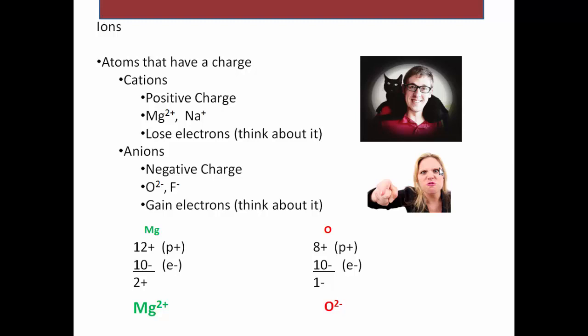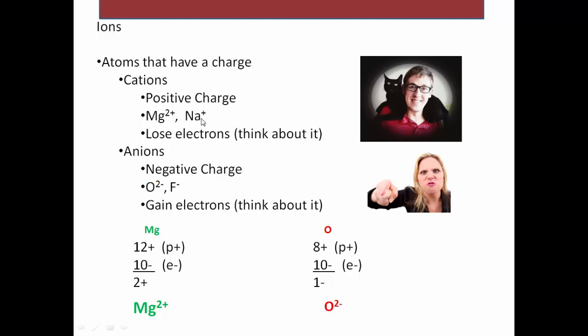So let's talk about ions. Ions are really just atoms that have a charge. They can be positive or they can be negative. I always remember cations. I really like cats. So this is my happy little cat Telly. I always get positive feelings, and I actually think of cations in a positive way.